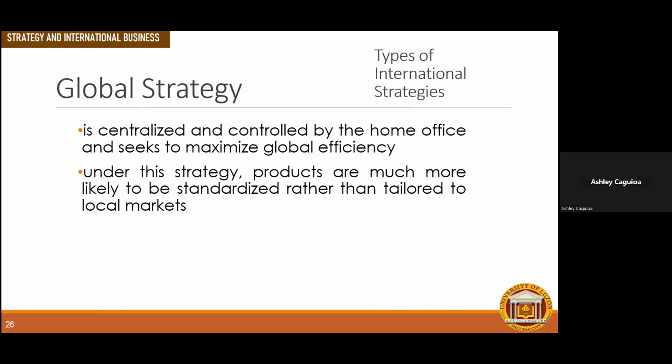This strategy is the complete opposite of multi-domestic strategy. Some minor modifications to products and services may be made in various markets, but a global strategy stresses the need to gain economies of scale by offering essentially the same products or services in the market.